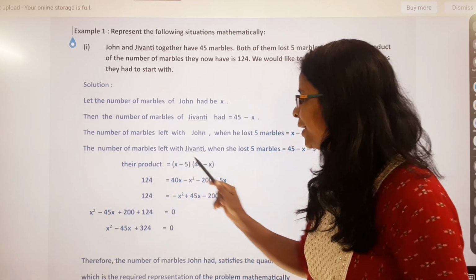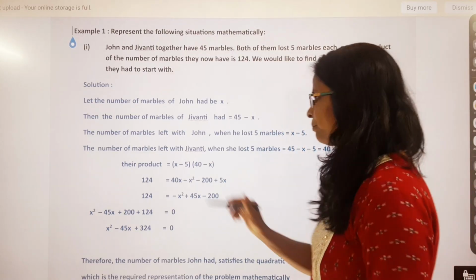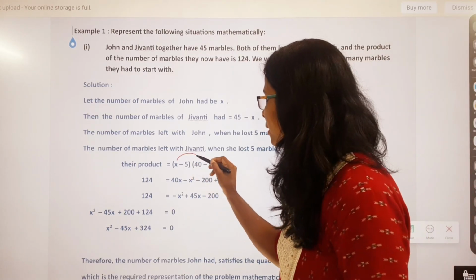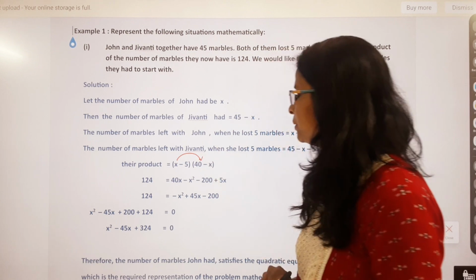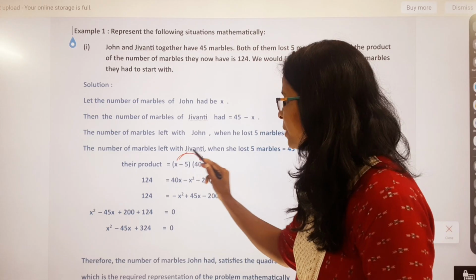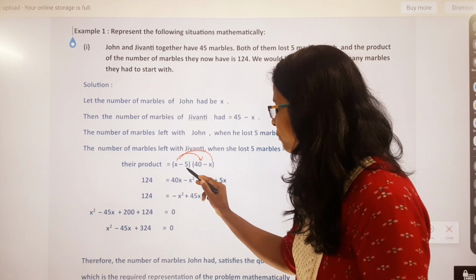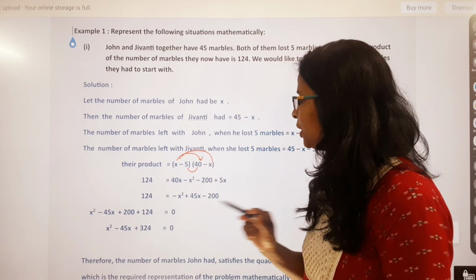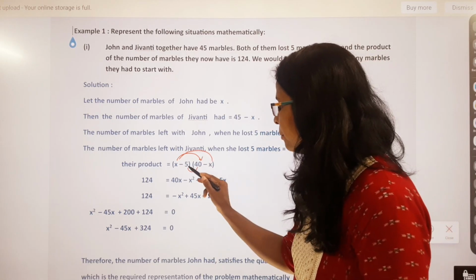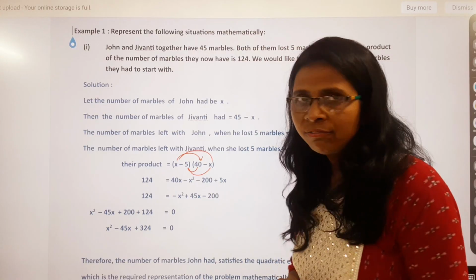So here x multiplied by 40 minus x, x multiplied by this bracket, then we get x multiplied by 40, 40x, x multiplied by minus x, minus x square. Then minus 5 multiplied by 40, that means minus 200. Minus 5 multiplied by minus x, that means plus 5x.